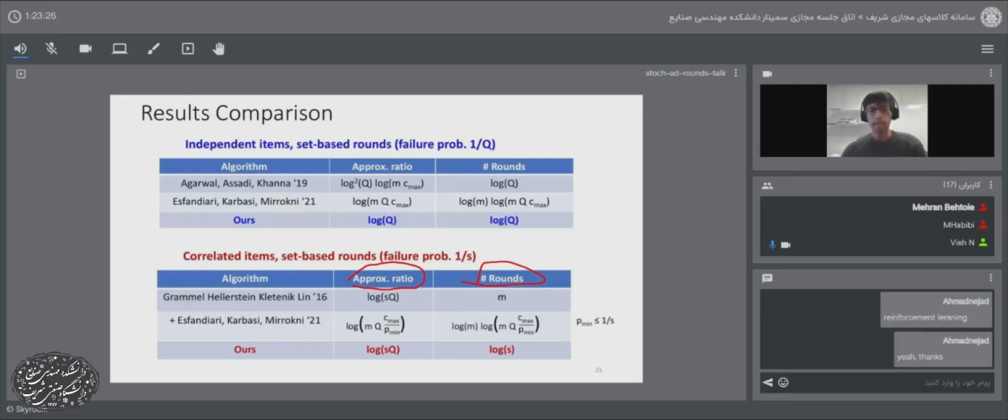If you combine it in a clever way with this recent paper of Esfandiari and others, you can get an approximation ratio that is logarithmic, but using a number of rounds that has two logarithmic factors. And our result achieves the best of both these settings. It gets a logarithmic approximation ratio, which matches the fully adaptive bound, and it can achieve this in just a single logarithmic number of rounds.